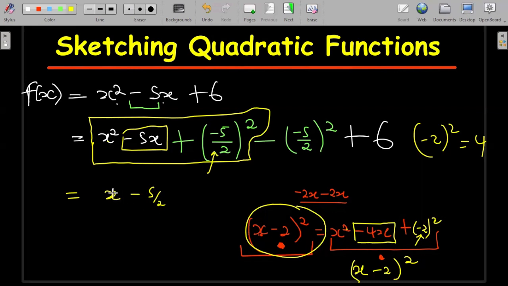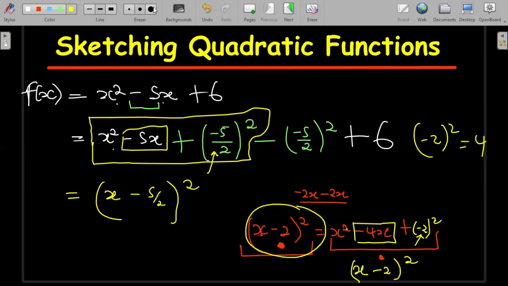Since these are squared, I put them in brackets and square. So the first three terms, x squared minus 5x plus minus 5 over 2 squared, have collapsed into a perfect square like that. That's what we call completing the square.